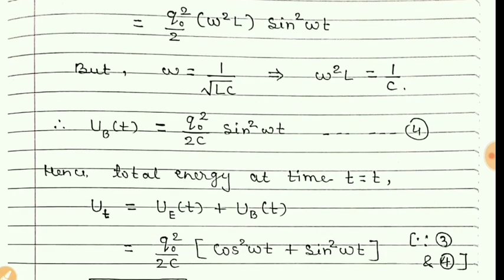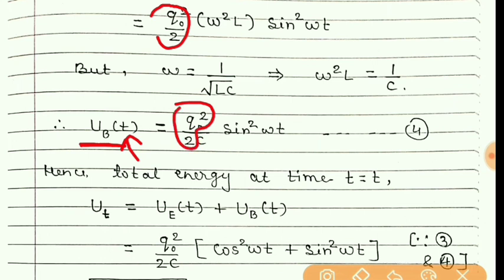So now putting that, we get energy UB at time t in an inductor is q naught square upon 2 as it is. Omega square L is 1 by C, so C is there in denominator. Sine square omega t as it is. Let us give this equation number 4.